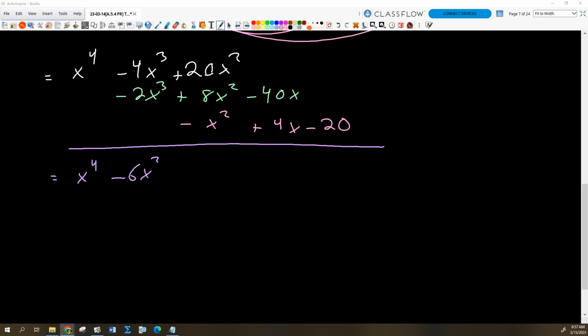Negative 6, there you go. Minus 6x cubed. How about the x squareds? 27, I heard. Is that right? 28 minus 1. Okay, so plus 27x squared. What's that one? Minus 36. Minus 20. Done. How about that?